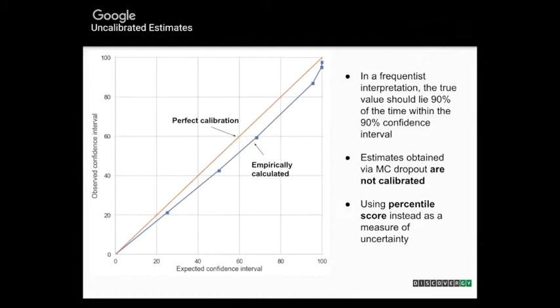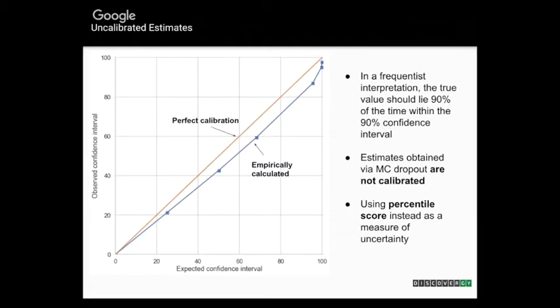So what we did here was we obtained estimates by MC dropout and plotted the number of times the predictions lay within the confidence interval. For example, here for an 80% expected confidence interval, you would expect that 80% of the time the predictions were within the confidence interval. However, we see that that is not the case, and there is some gap here, which shows that the estimates might not be calibrated.